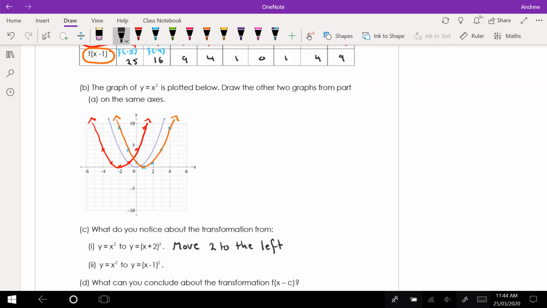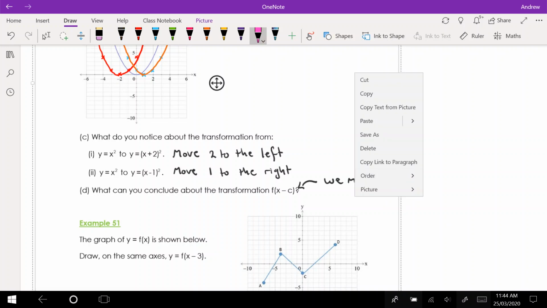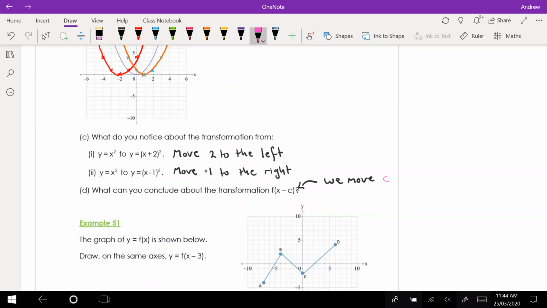For x take 1, where do we move, Damien? Move 1 to the right. So for the transformation x takes c, we move c units to the right.